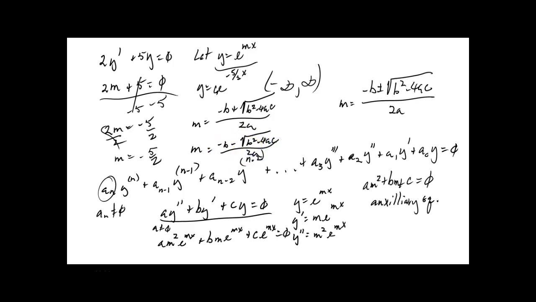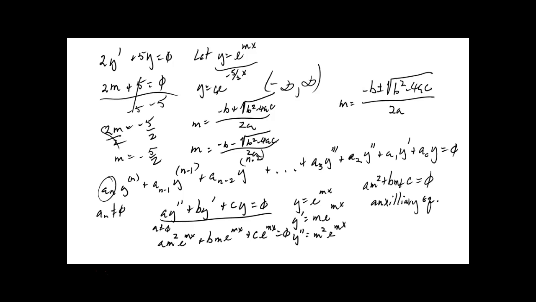Now, there are three possibilities here. Remember back when you did the quadratic formula, probably for your first or second time ever, they called this the discriminant, right?